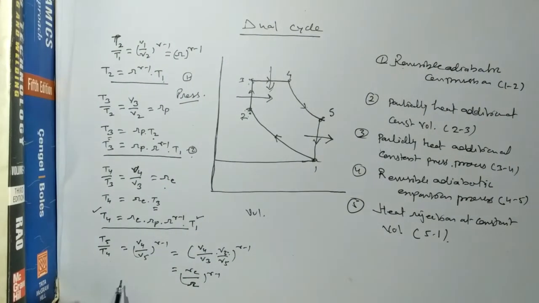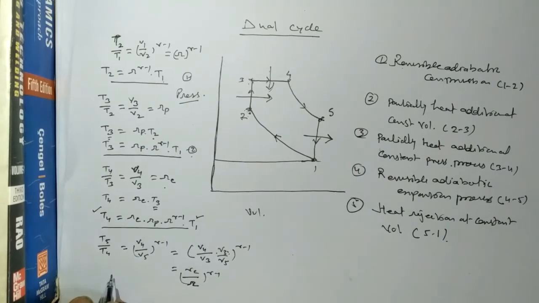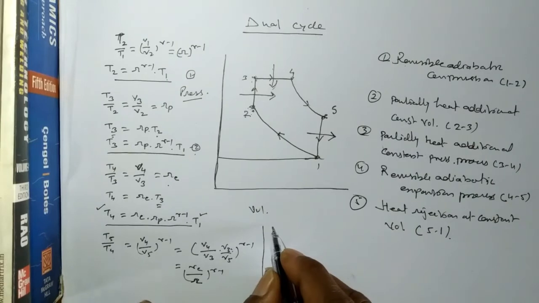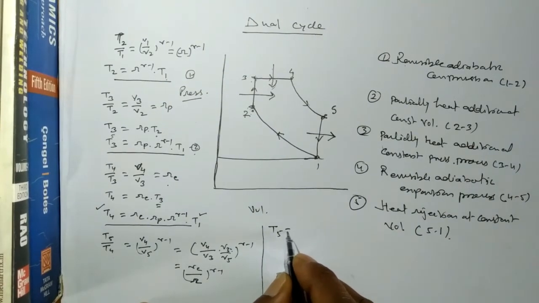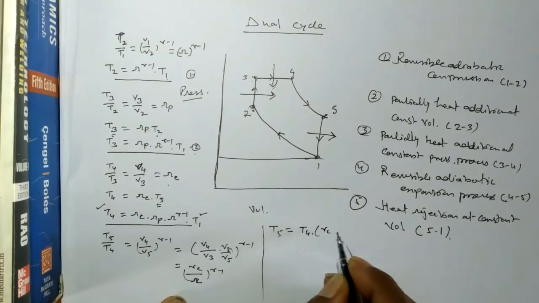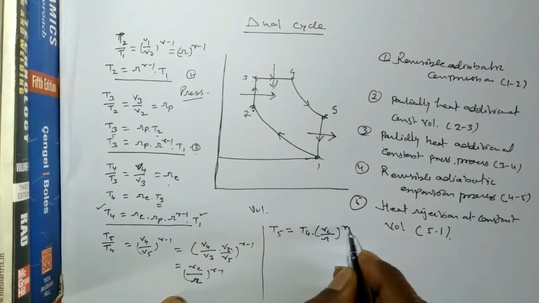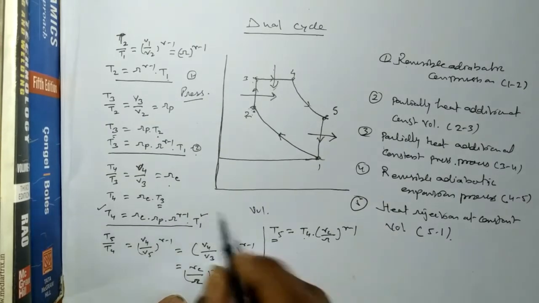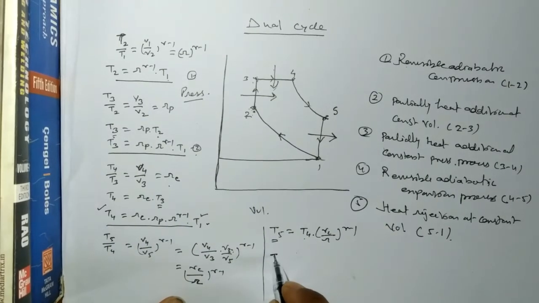So we can write here T5 is equal to T4 into Rc by r power gamma minus 1. We can also write T5 in terms of T1.